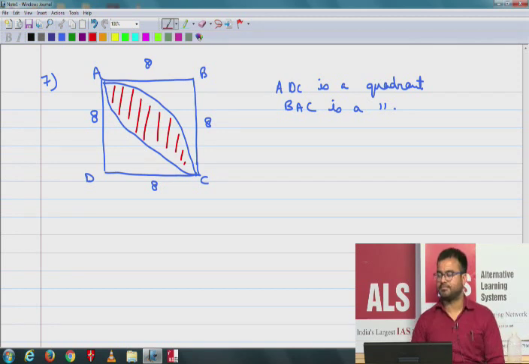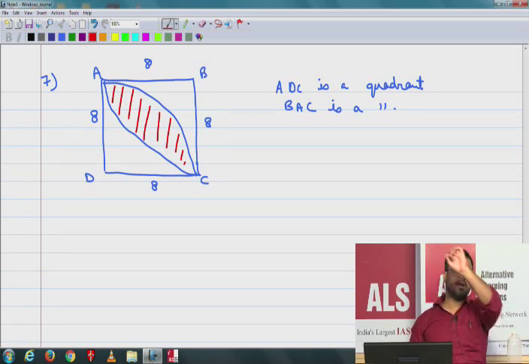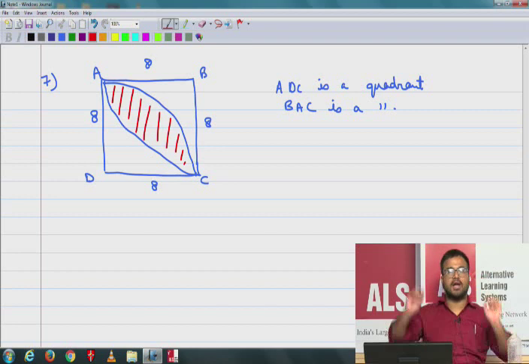Okay, Shillong, I got it. I got your point. Now try this. By taking D as the center, that arc, and by taking B as the center, those two arcs have been made. So you have to figure out the area between these two arcs.